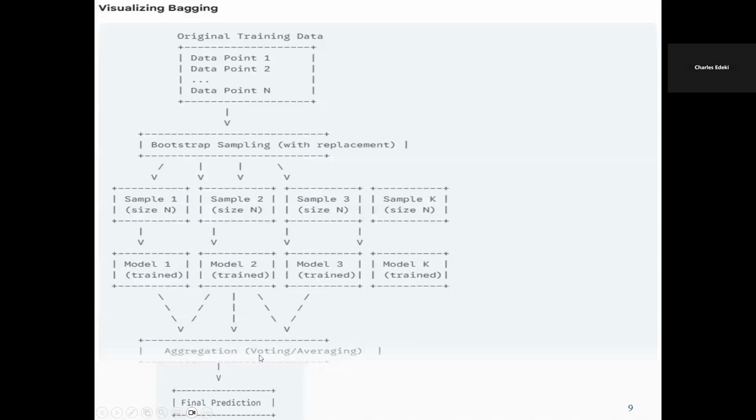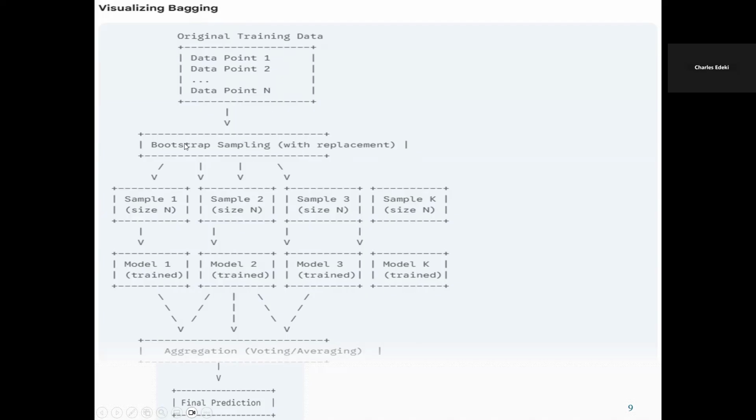Okay, let's keep going. So this is visualizing the bagging, as we said earlier. The original training data set, we break it into sub-data sets. What we're going to do, as we said earlier, is use bootstrap sampling. We have n data points from 1 to n.